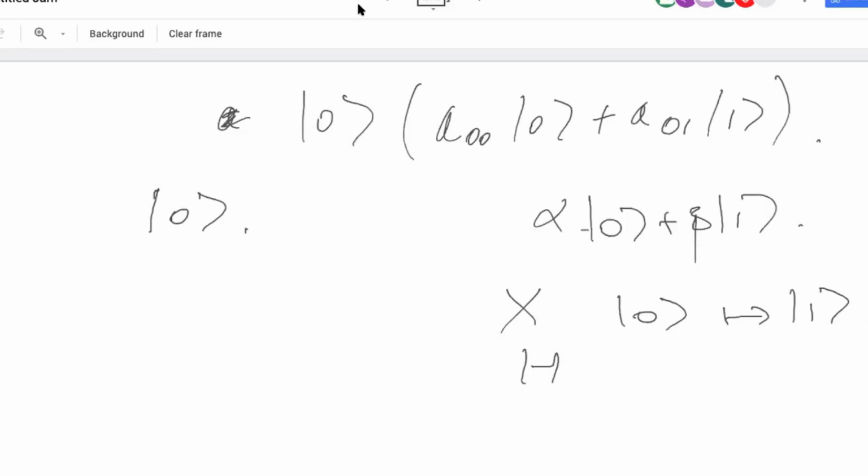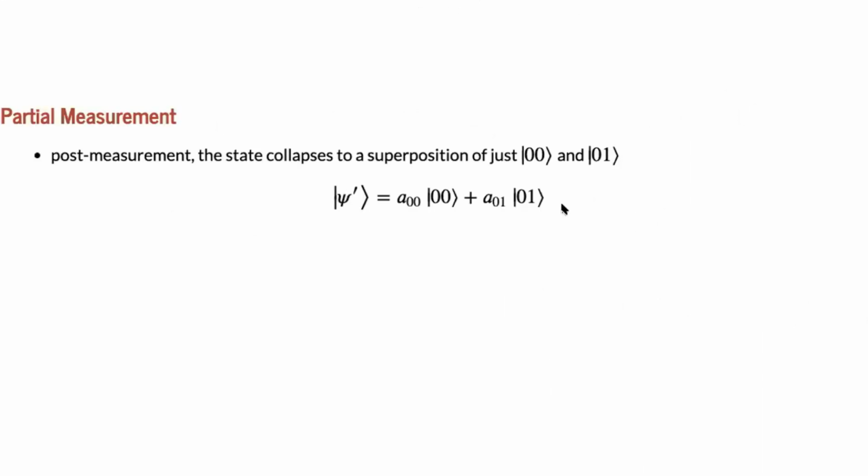Okay, so to go back to what the problem was here: this state does not have norm 1.